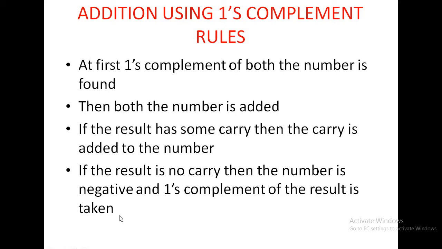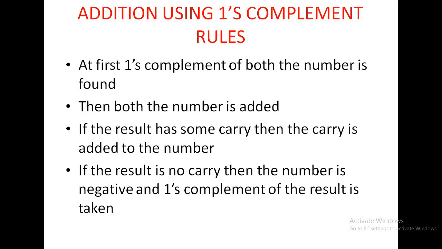Again I am telling, what is the first step? Calculate the ones complement of both the numbers. Then both the ones complements are added. Then check if there is carry or not.